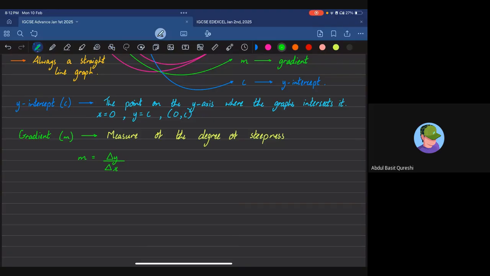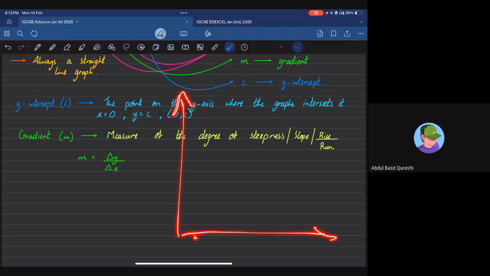Because your gradient is also referred to as your slope, and it is also referred to as your rise over run. And what do we mean by this? We mean that it is simply how much vertical displacement you've had, how much you've moved vertically, and how much you've moved horizontally.